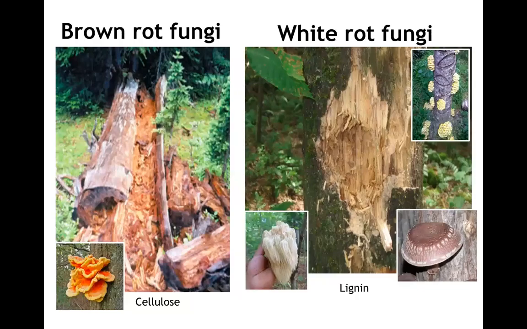So within the decomposing mushrooms, we have mushrooms that prefer and desire different types of food. Some fungi are what are known as white rot fungi, and these are the fungi that love fresh wood, that love the lignin in the wood, so they're actually the first types of decomposers on the scene.